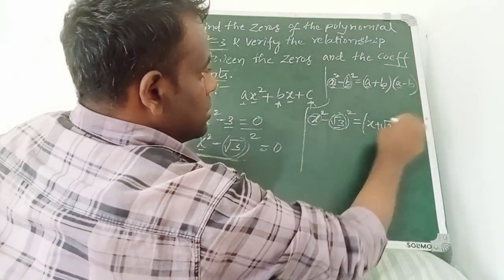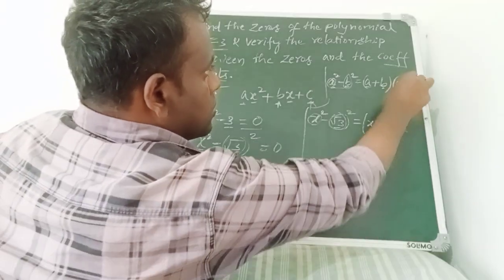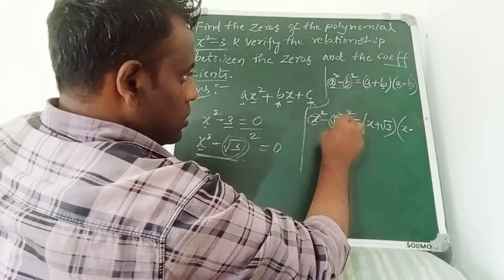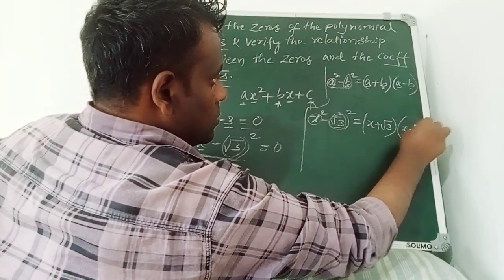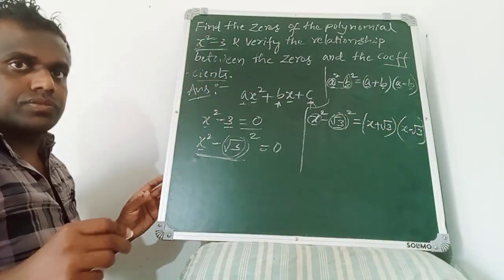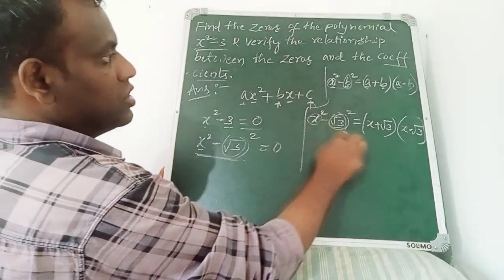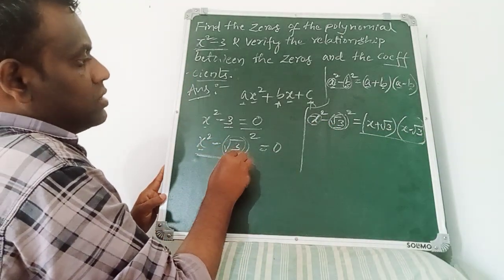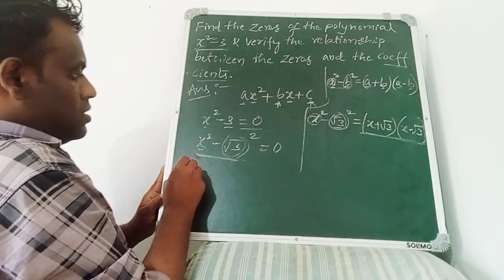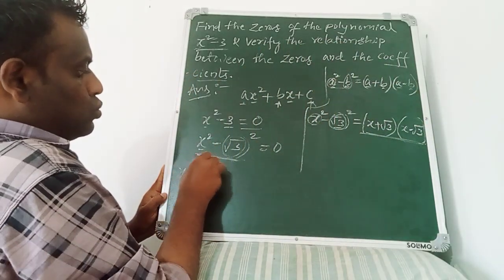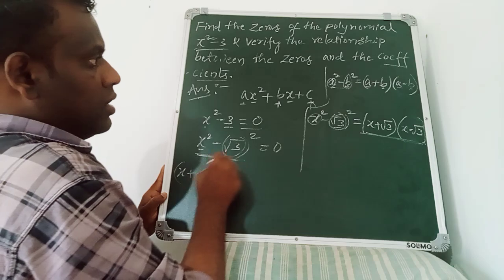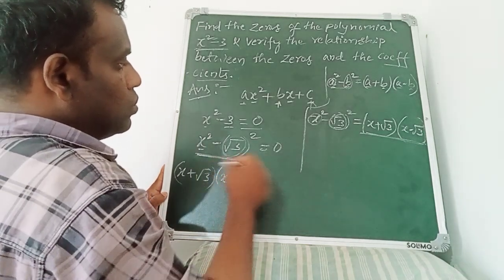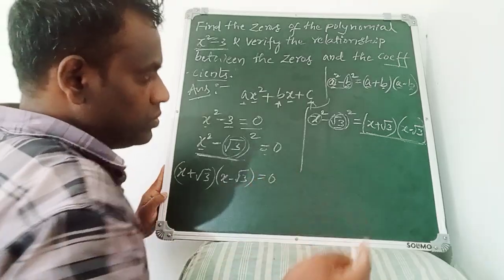Next, a means x, minus b means root 3. So we got this. Now in place of this I am going to write: x plus root 3 into x minus root 3 is equal to 0.